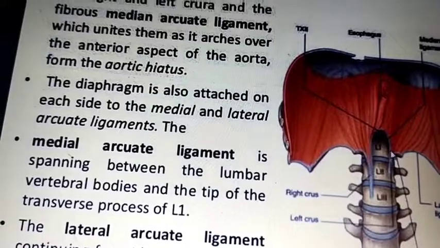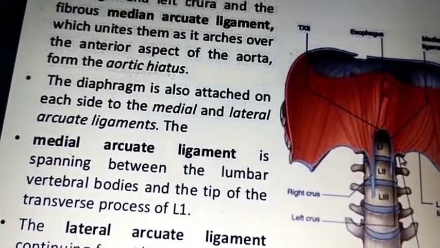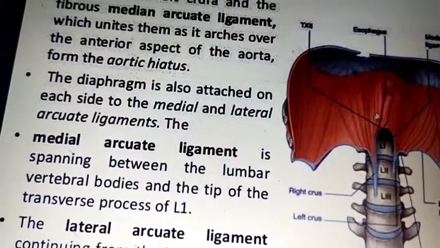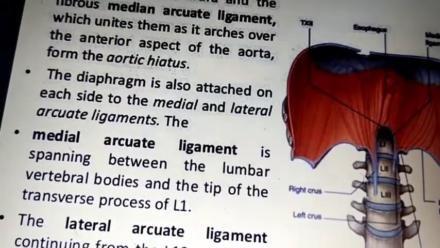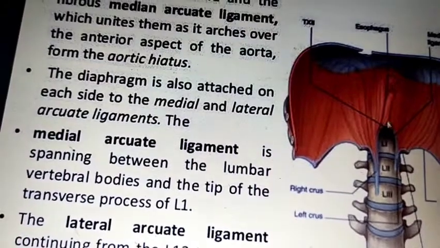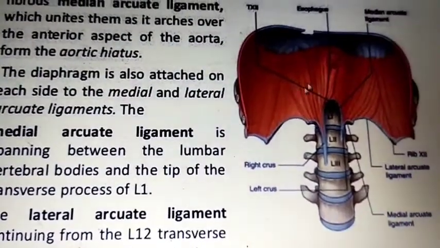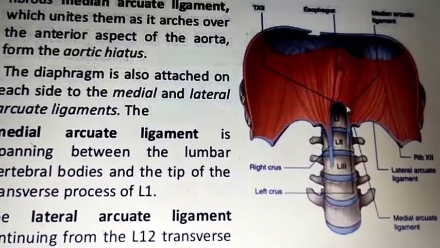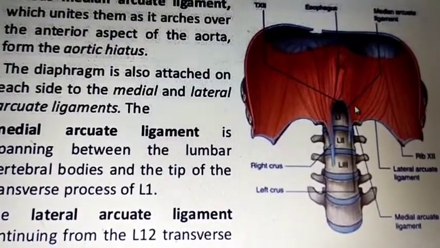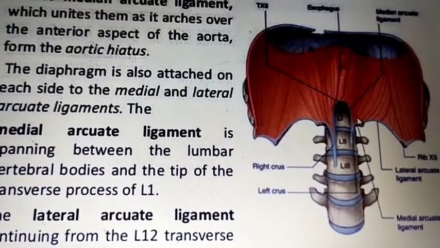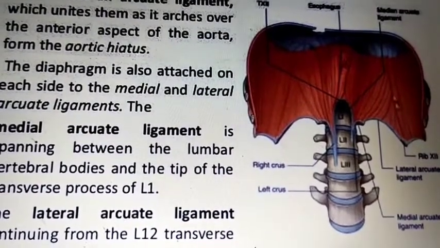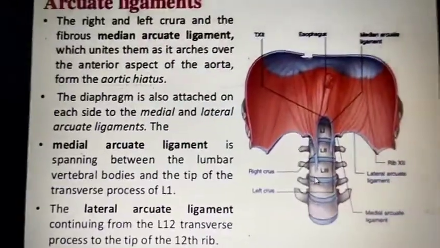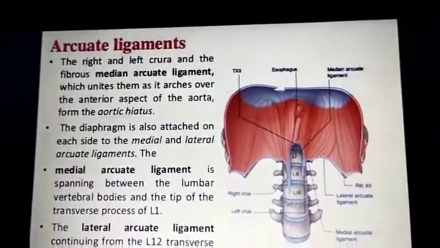In that, medial arcuate one, lateral one, and crus of the diaphragm, or median arcuate ligament, or you can say right crus and left crus. These are the origins. You can see here these fibers. This is from the right crus, this is from the left crus, this is from the median arcuate, and this is from the lateral arcuate. Like that, these all help as the origin of the diaphragm.